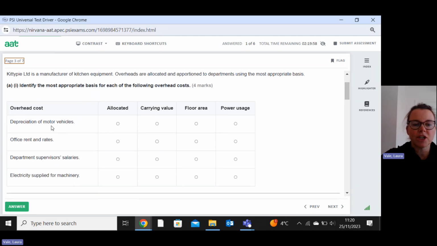So depreciation of motor vehicles, that will be the value of the vehicles. Office rent and rates, to do with space, so floor area. Department supervisor salaries, the fact they're department specific means that we can allocate those. And then electricity is going to be power use.